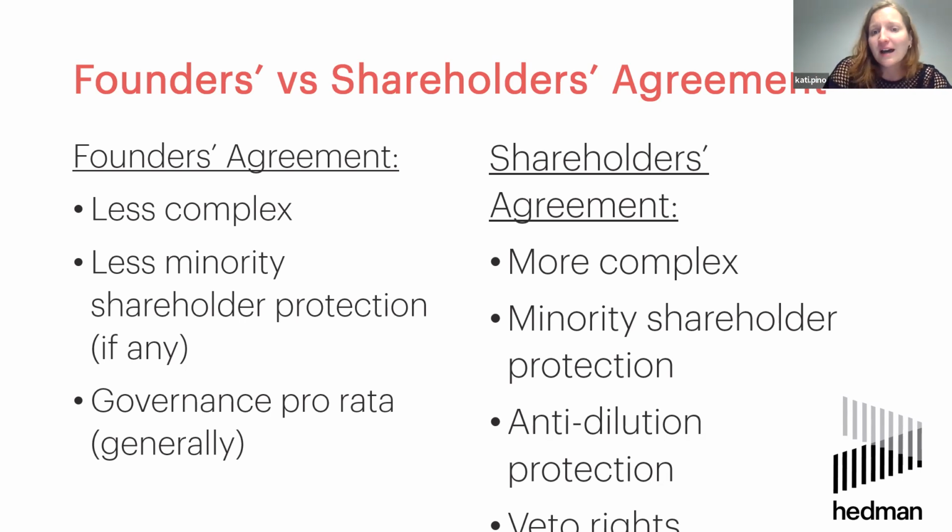It also usually includes anti-dilution protection, which becomes more and more important if we actually enter into a downturn in the economics. So shareholders agreement, generally more complex, founders agreement, a bit lighter on the regulation side.